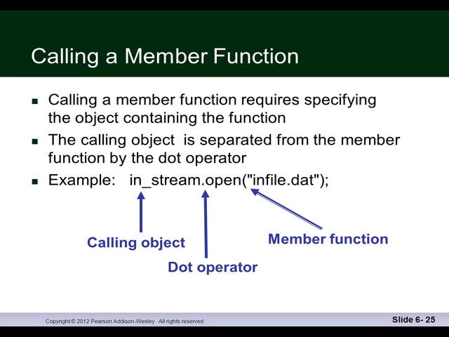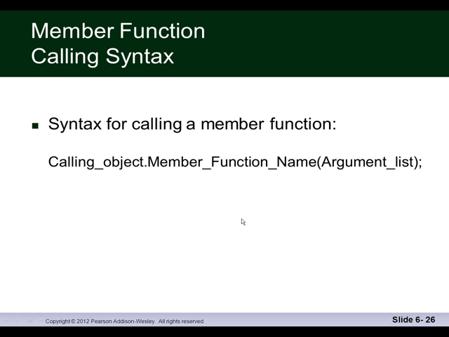So this function can take 1 parameter, 2 parameters, or whatever it needs. In this case, we're only using 1 parameter. So the syntax: we have the calling object, we put a dot, we use the name of the function, we put the parentheses, and we put the argument list.